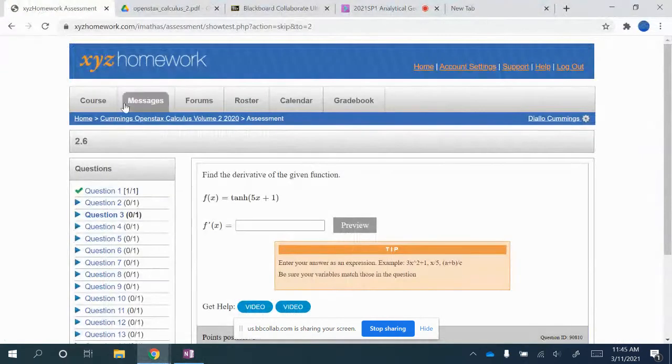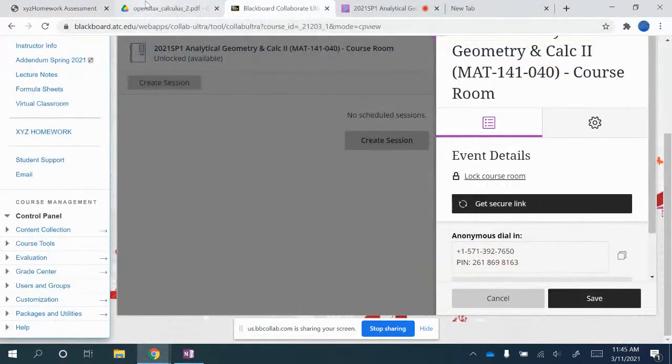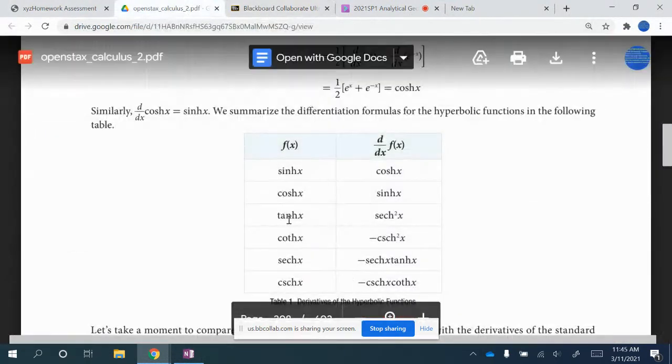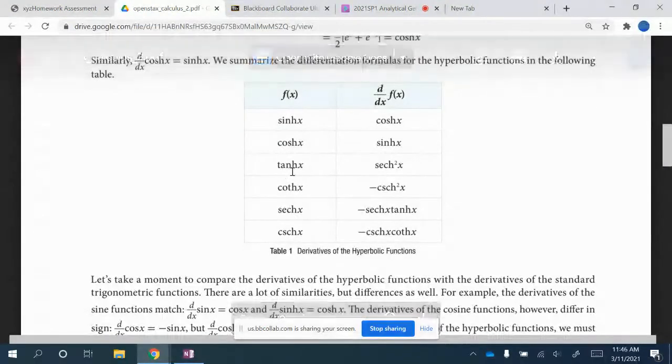And if we look at our formulas, notice that the derivative for a hyperbolic tangent is hyperbolic secant squared.